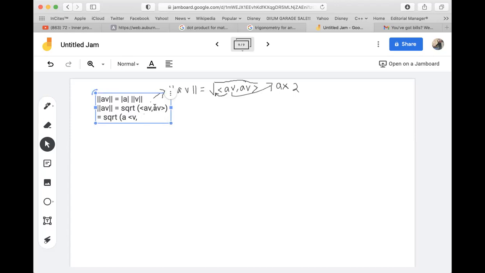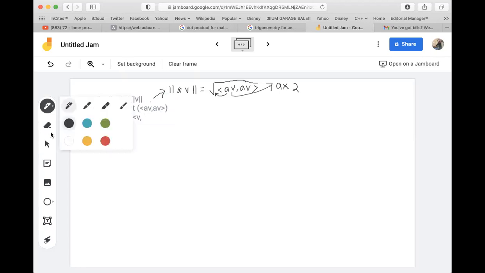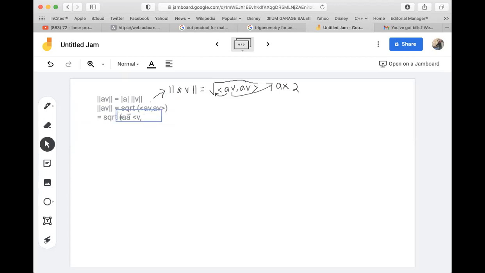For the second component, we can still extract the scalar out of the inner product, but there is a bar on it.